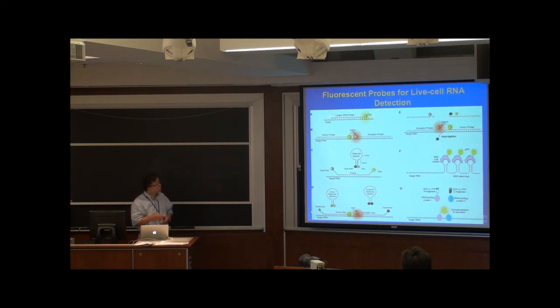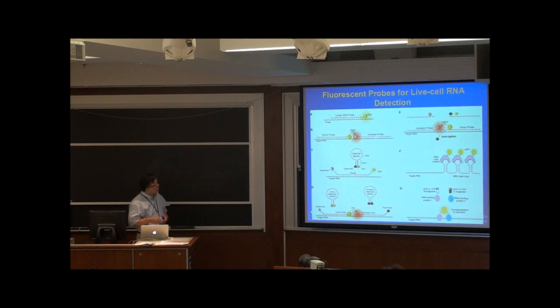So when the probe binds to the target, you have this situation. The problem is that if you deliver this probe into cells, as I mentioned, it doesn't matter whether it binds to the specific RNA molecule or not, it gives you signal. So that means the background signal is quite high.